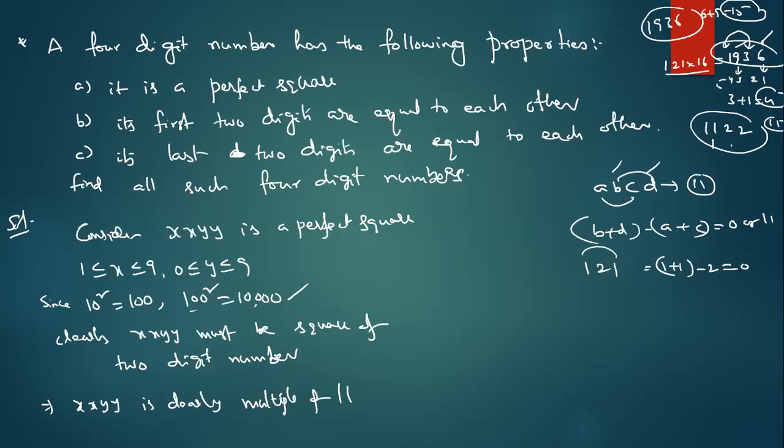Now this number must be a multiple of 11. Then what are you observing? That means it is a perfect square. Okay, now writing, see.